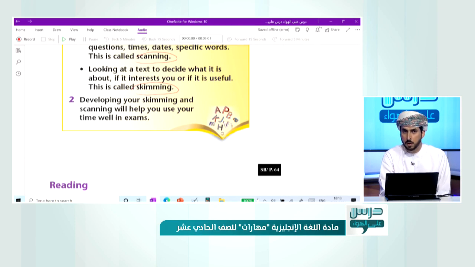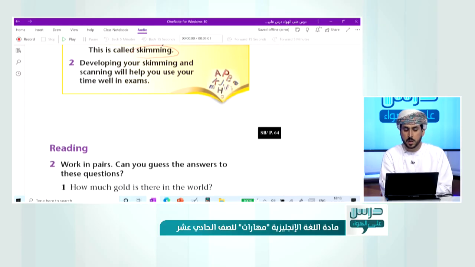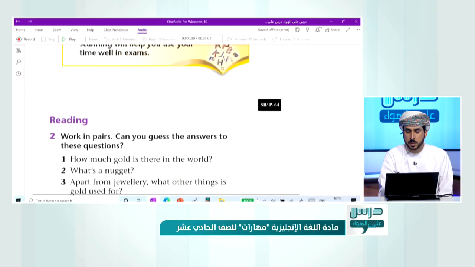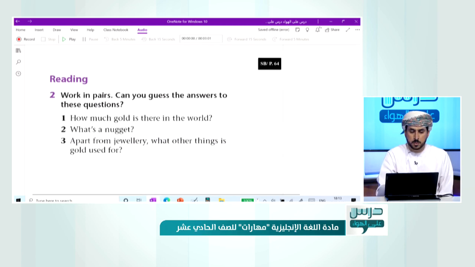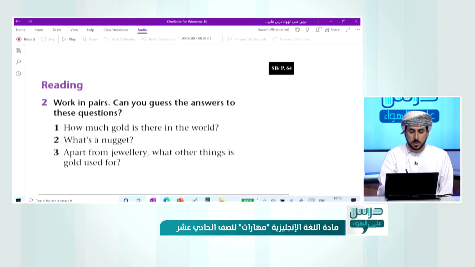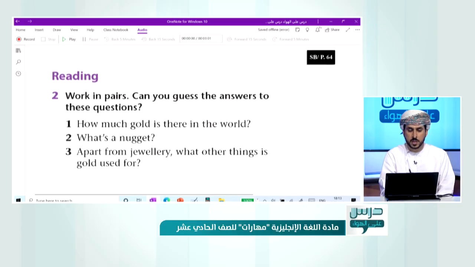This will help you finish the reading questions quickly and appropriately, so that you can have some time for the next questions. So before we read the text, we have these three questions.